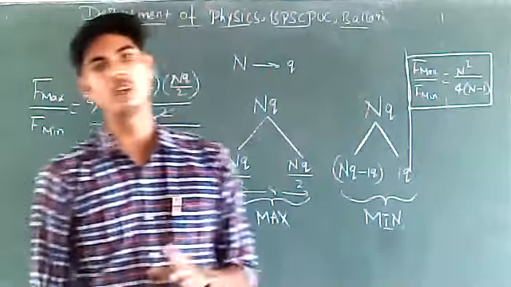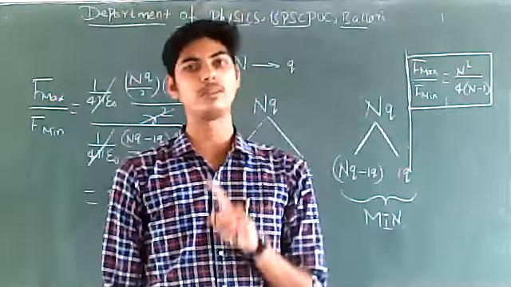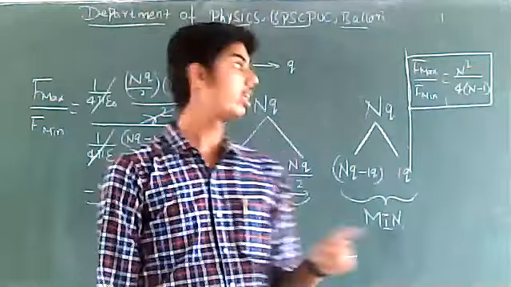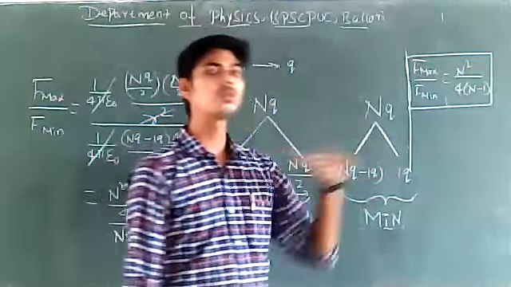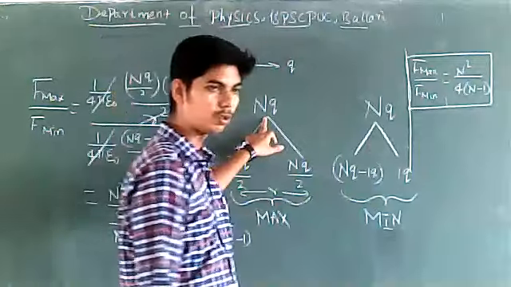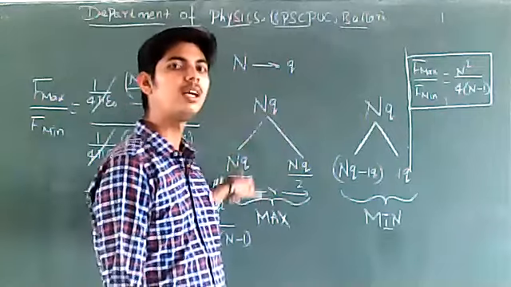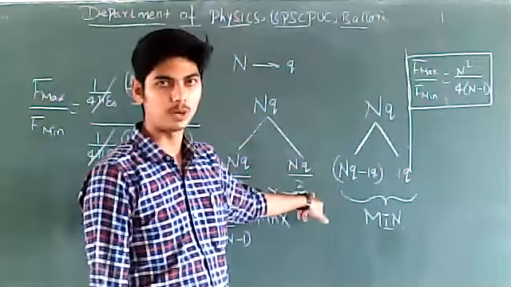You must know how a given charge is to be divided so as to get maximum force between them, and how to get minimum force between them. For getting maximum force, divide the given charge equally. If it is nq, divide it into nq by 2 and nq by 2.